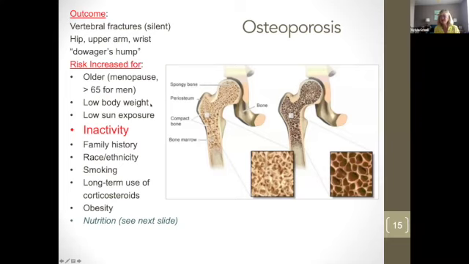One of the things that happens with women who have low body weight is they also have reduced estrogen, and they end up not building their bones. Remember when we talked about the female athlete triad, right?